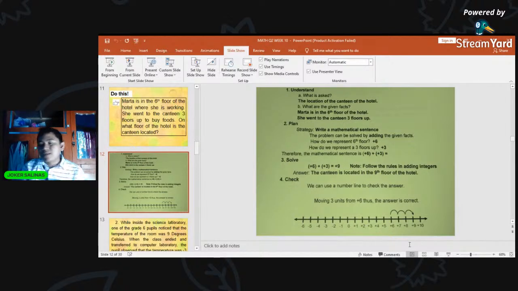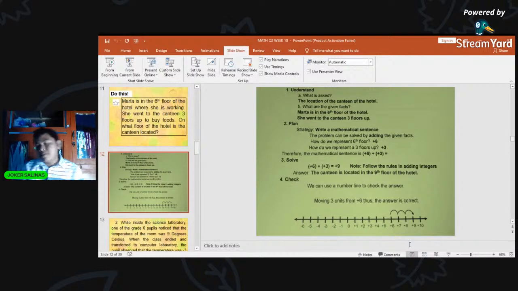So did you get the correct answers? If yes, congratulations! You can now proceed to the next activity. If no, read and study again activity number 1 and answer the questions below. So we have the following follow-up questions. What are your wrong answers? Why?